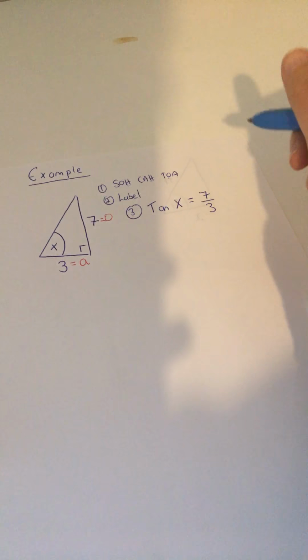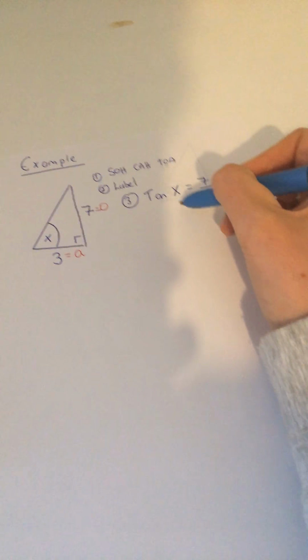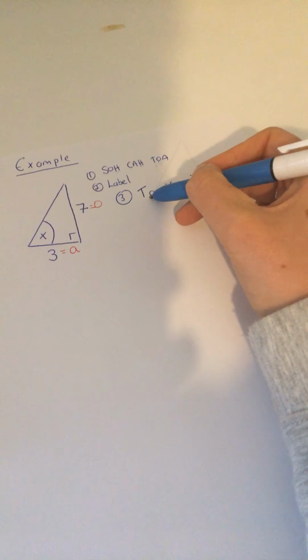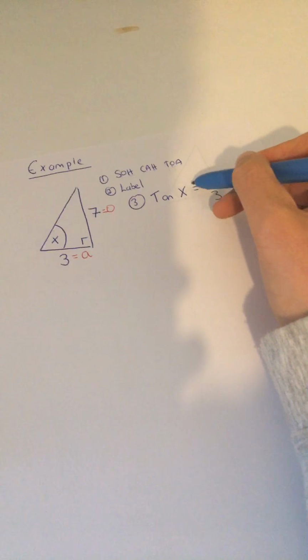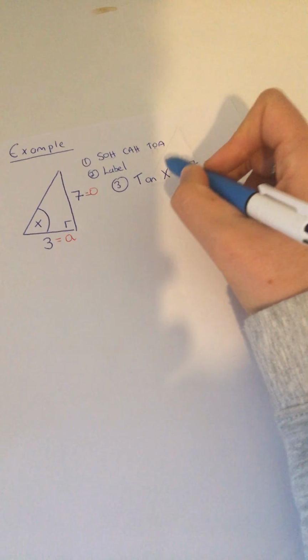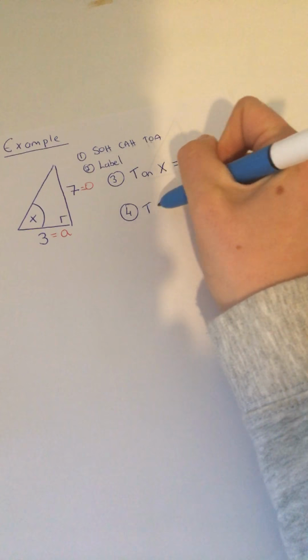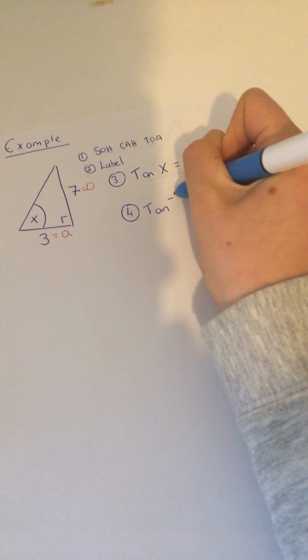Okay? Next thing then is we're trying to find this angle. So we cannot write into our calculators tan x. It'll give you back an error. So we have to work backwards. We need to put this fraction in here. And the way we work backwards is we use the inverse function.